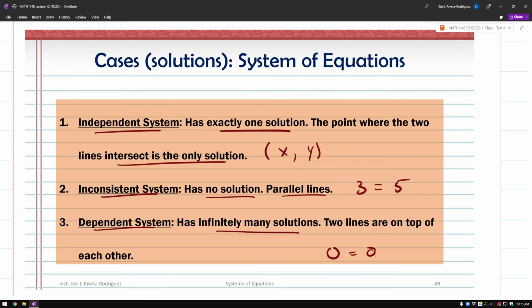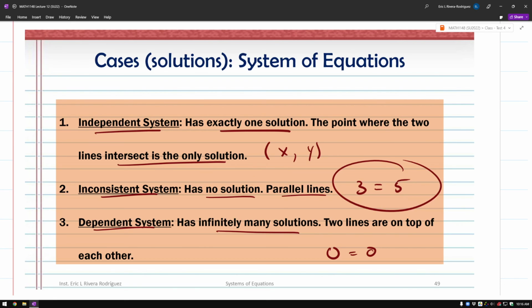So those are the three cases that we are going to be working with. We are going to be dealing with 2 by 2 systems. You need to understand the three methods of solving a system, and you need to have an open mind when we get to the solution, because sometimes you might panic if you find something like this in a math test.